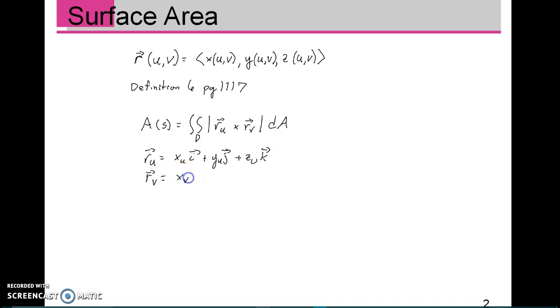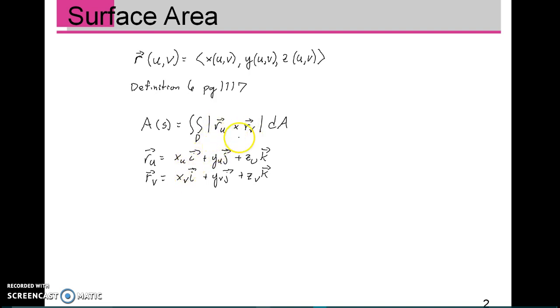So you've got partial x, partial y, and partial z with respect to v. All right, so that's what these two are, right? And you're going to end up doing the cross product of the two.